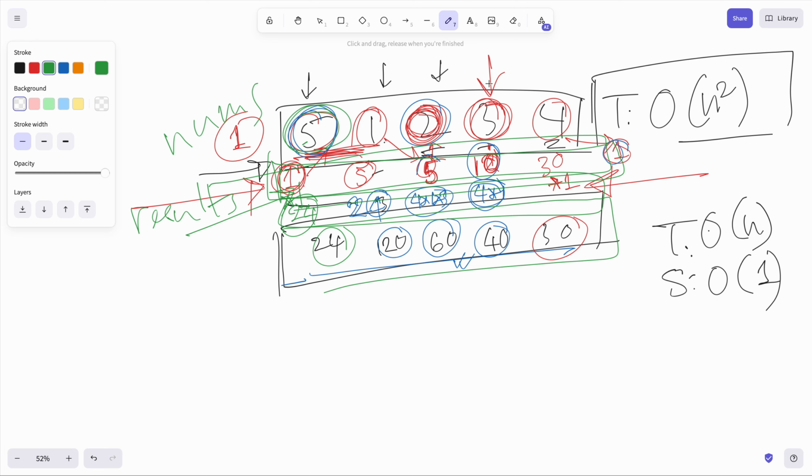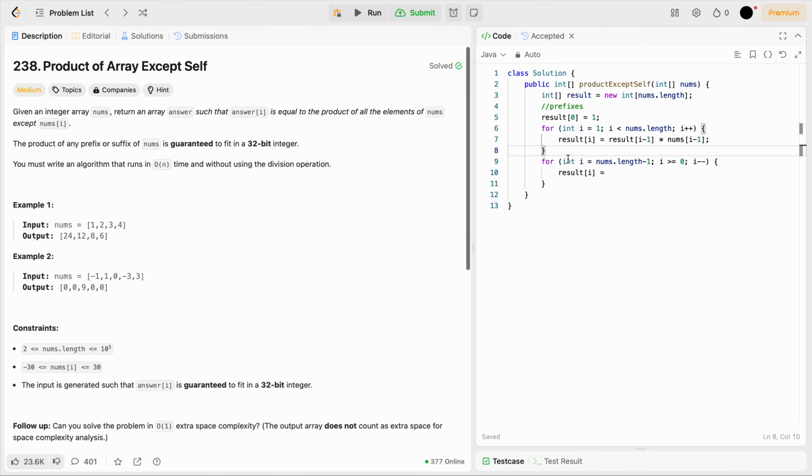So we have to start with 3, which is the very second last, and for 3, we're going to get the previous value from the numbers array, and you have to multiply it by whatever is there in the result array.